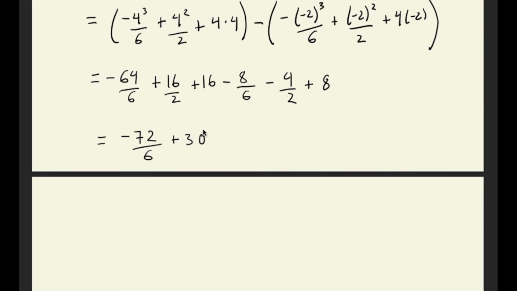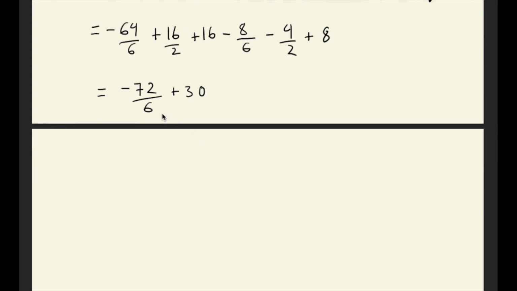All right, so let me make sure that I didn't mess up here. Negative 64 minus 8 is negative 72. 16 with 16 is 32. And then minus 2 is 30. Okay. 72 divided by 6 turns into minus 36 over 3 plus 30.